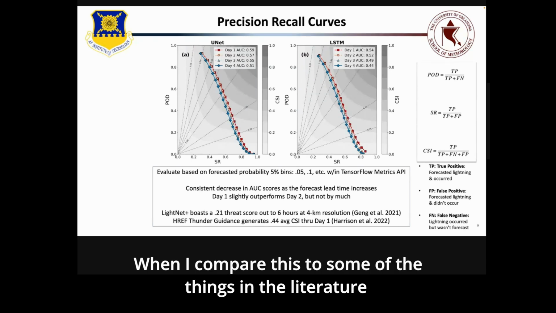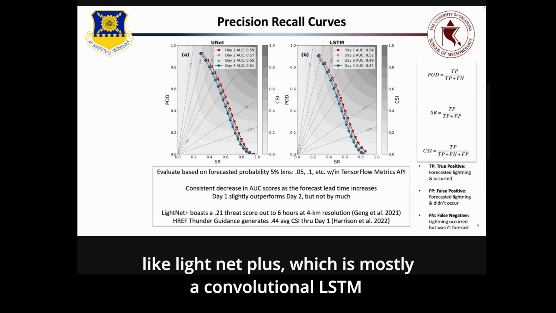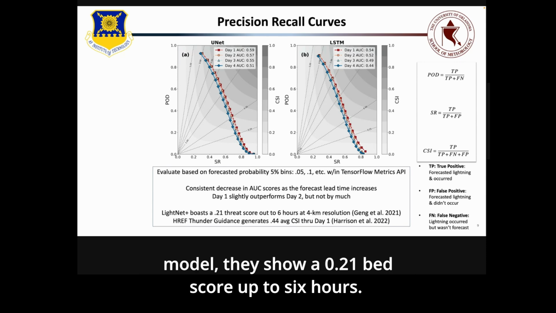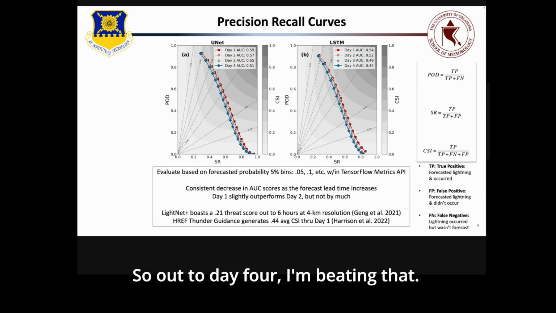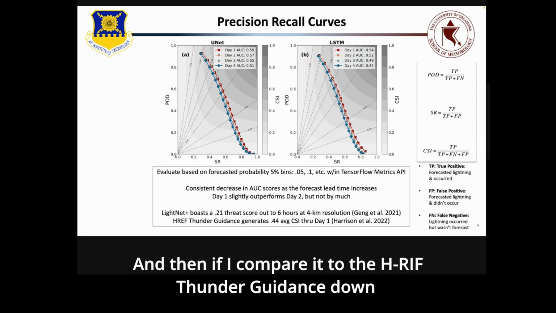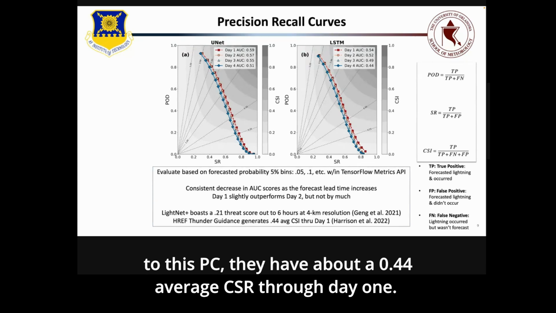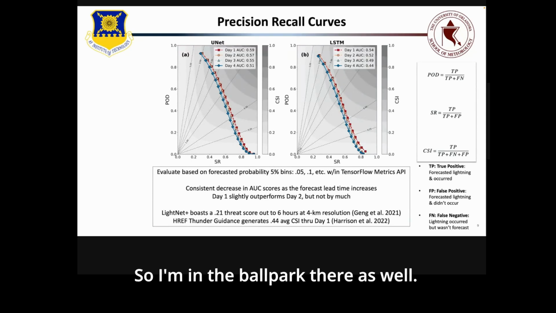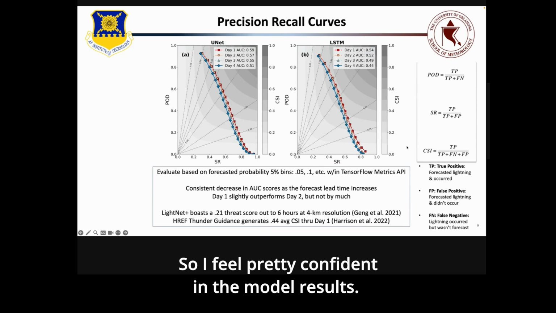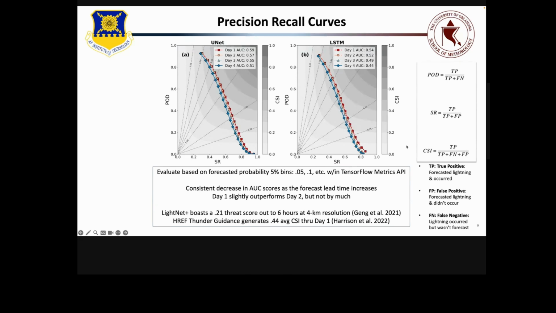When I compare this to some of the things in the literature like LightNet Plus, which is mostly a convolutional LSTM model, they show a 0.21 score out to 6 hours. So out to day 4, I'm beating that. And if I compare it to the HREF Thunder Guidance down at SPC, they have about a 0.44 average CSI through day 1. So I'm in the ballpark there as well. So I feel pretty confident in the model results.